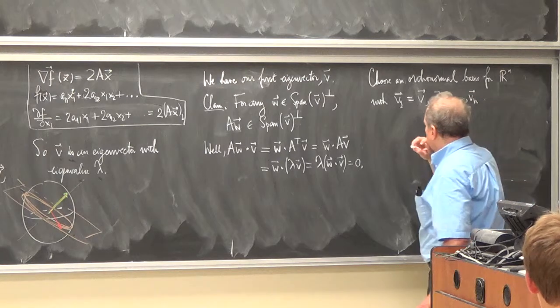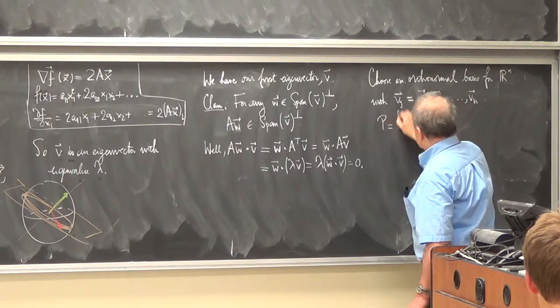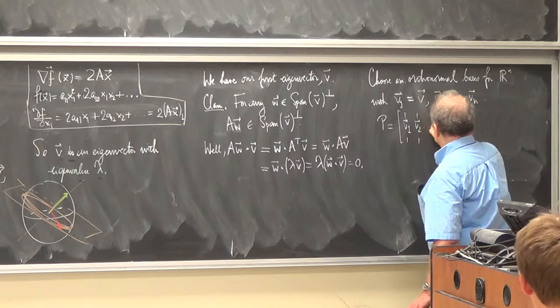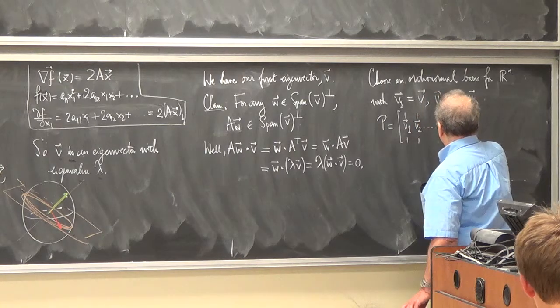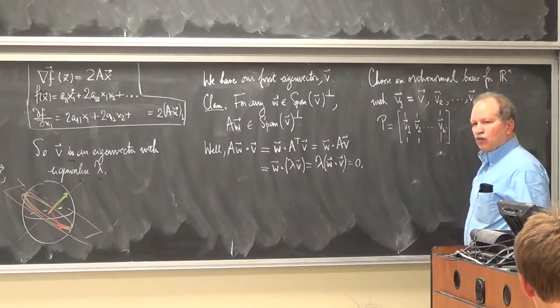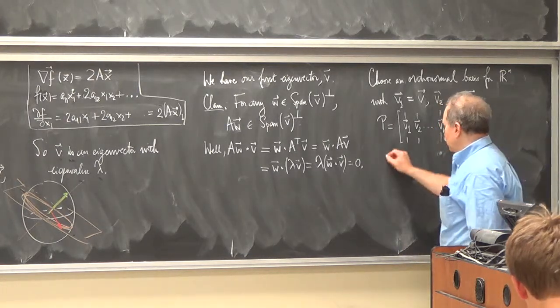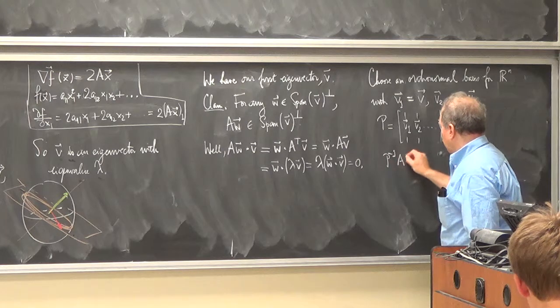So let's let P be this change of basis matrix. What do you get if you compute the matrix in the new basis? So what is P inverse AP going to look like?